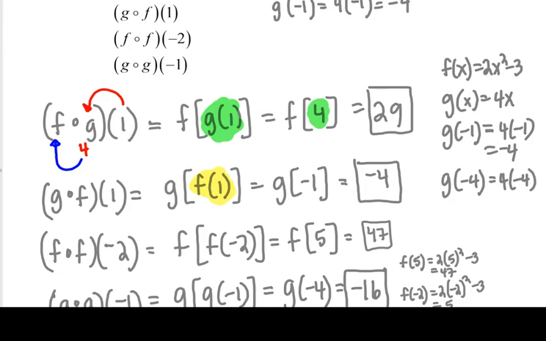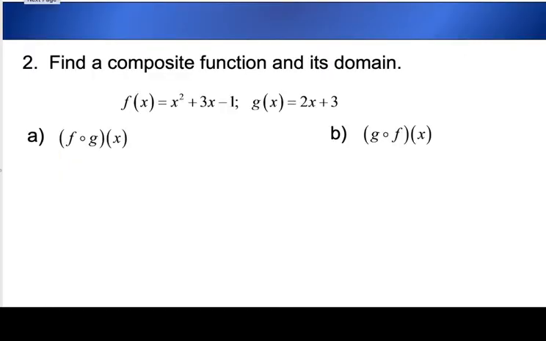So now we're going to find a composite function and its domain. That means we're going to be putting variables in, such as x. And I still like to rewrite my function f of g of x. So I still like to write it with the brackets and the parentheses. You do whatever is most easy for you to see.